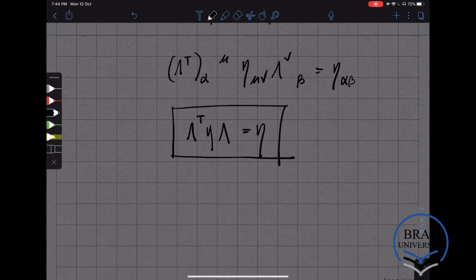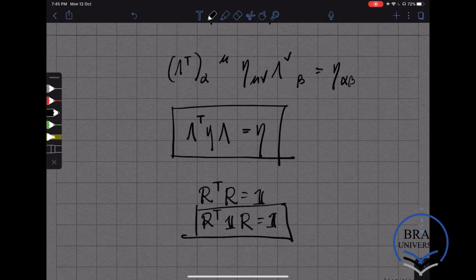This is actually a generalization of what the rotation matrices have to satisfy. You remember that rotation matrices in 3 dimensions are orthogonal matrices, and they satisfy R transpose R equal to the identity matrix. We can write this as R transpose times the identity times R is equal to 1. So what we see is that for the Lorentz transformation, the role of the identity matrix is taken over by the metric tensor.